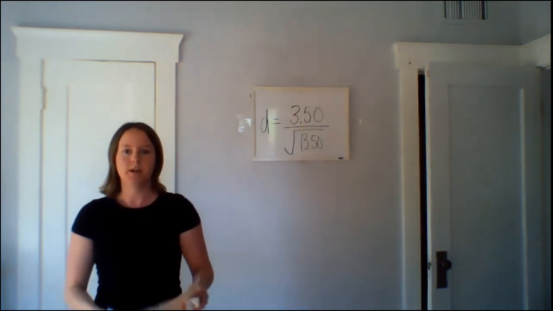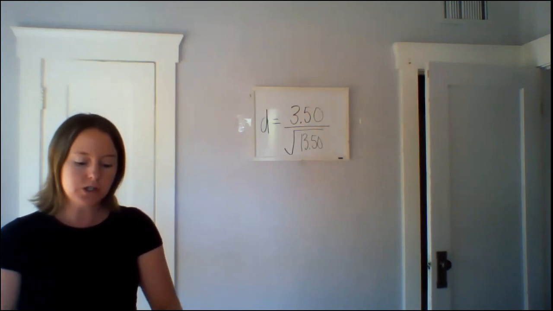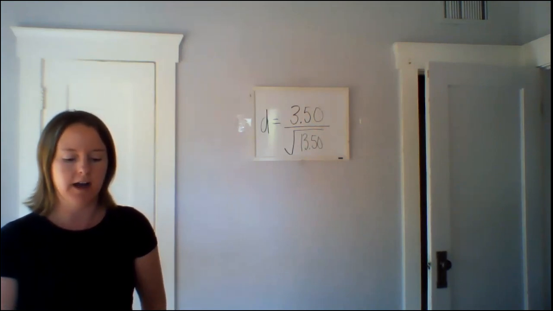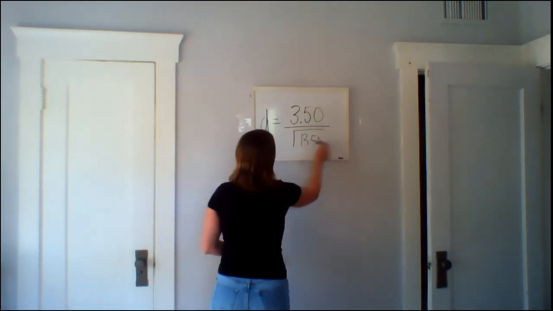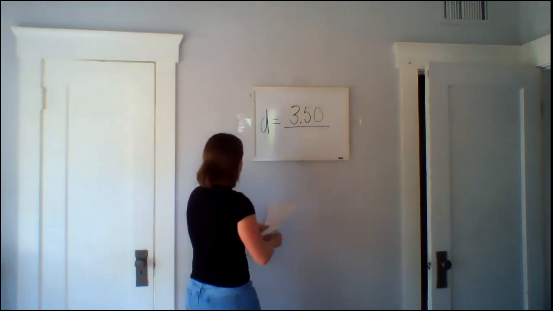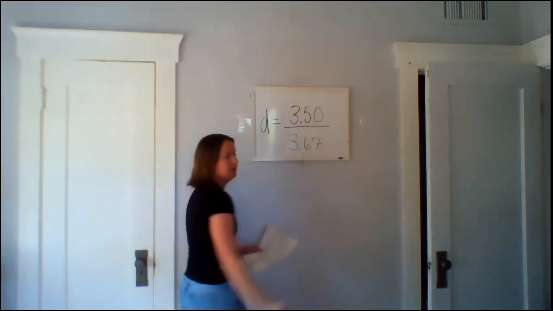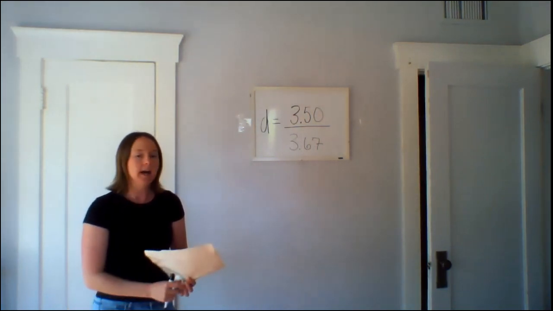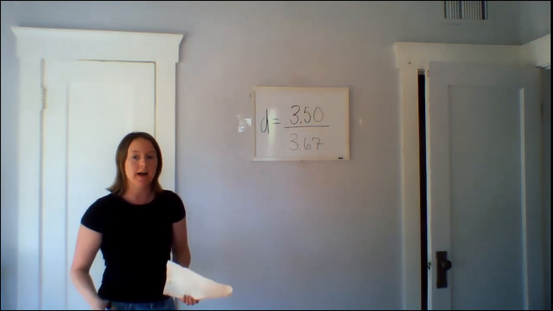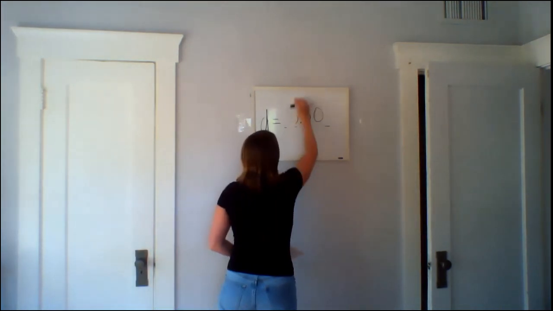Okay, so Cohen's d is equal to 3.5 over the square root of 13.5. Well, the square root of 13.5 ends up being 3.677. Okay, so you can go ahead and now plug that into the calculator, and you're going to get a really high Cohen's d value of 0.95.